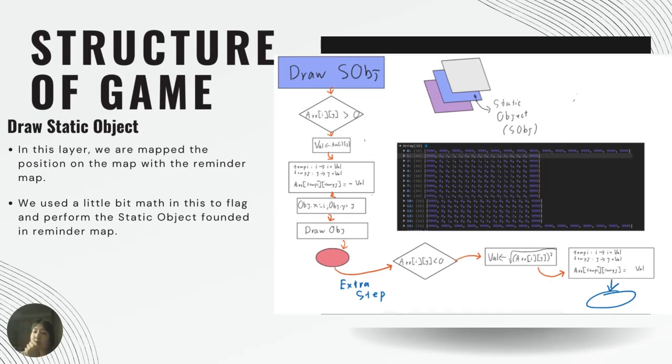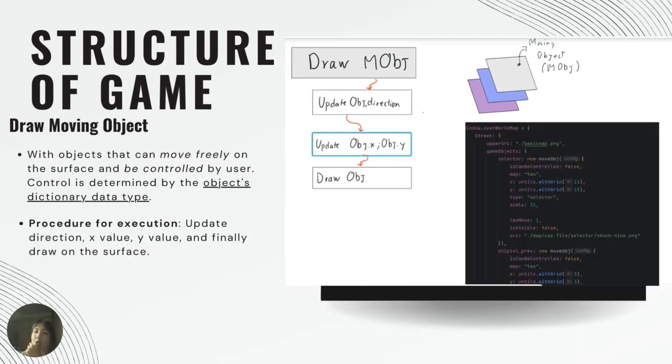We use a little bit of math in this to flag and perform the static object, followed in the reminder map. Draw moving objects: this draws all objects that the user can control on the surface by updating direction signals, updating the position of the object in object values, and drawing the object.